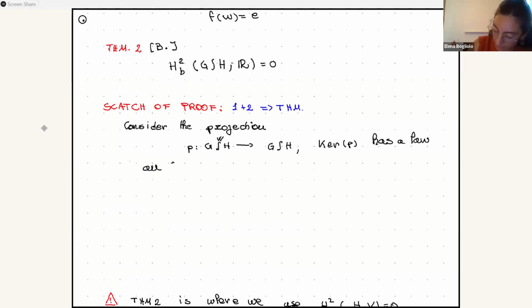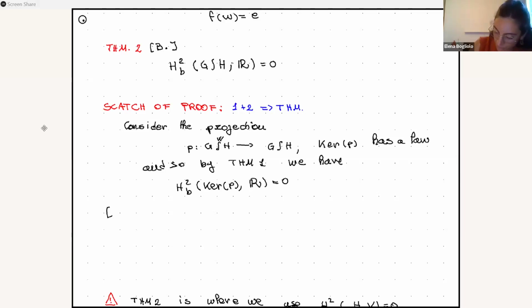And so, by theorem 1, we have that the second bounded cohomology of the kernel of P with real coefficients is equal to 0.